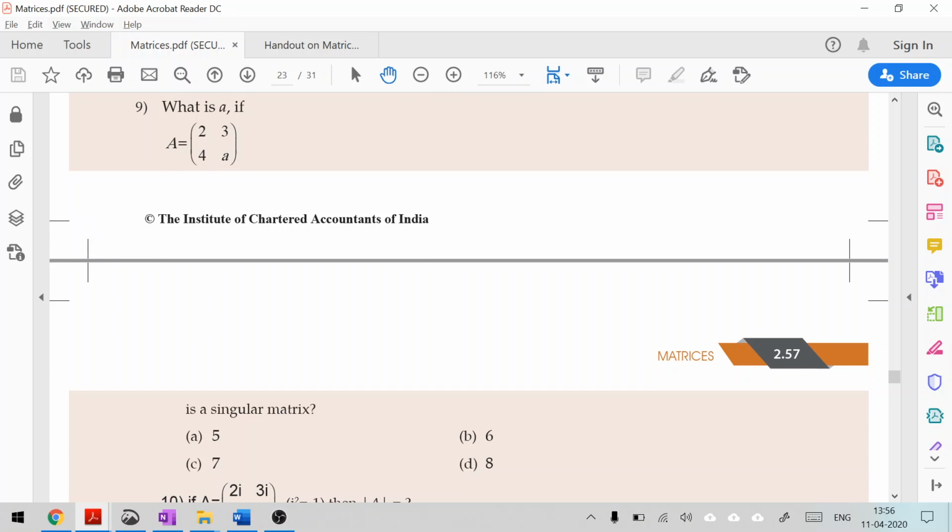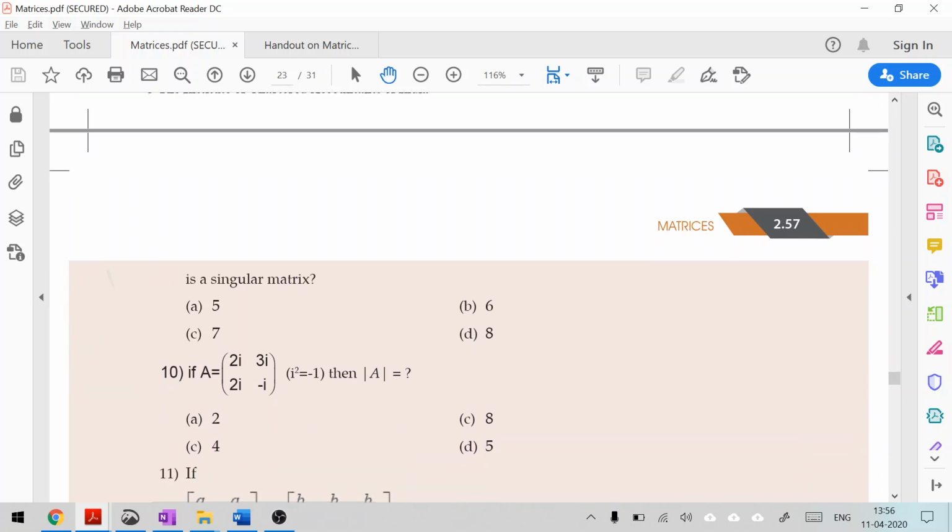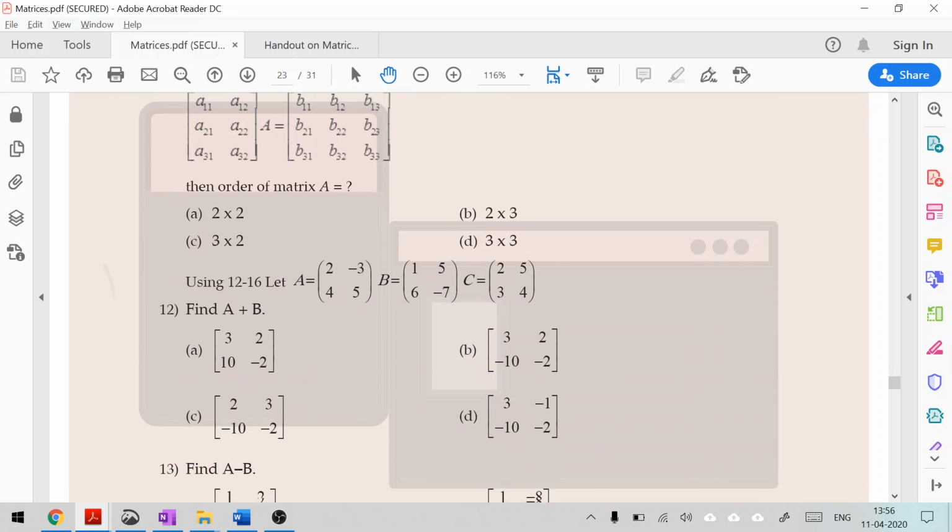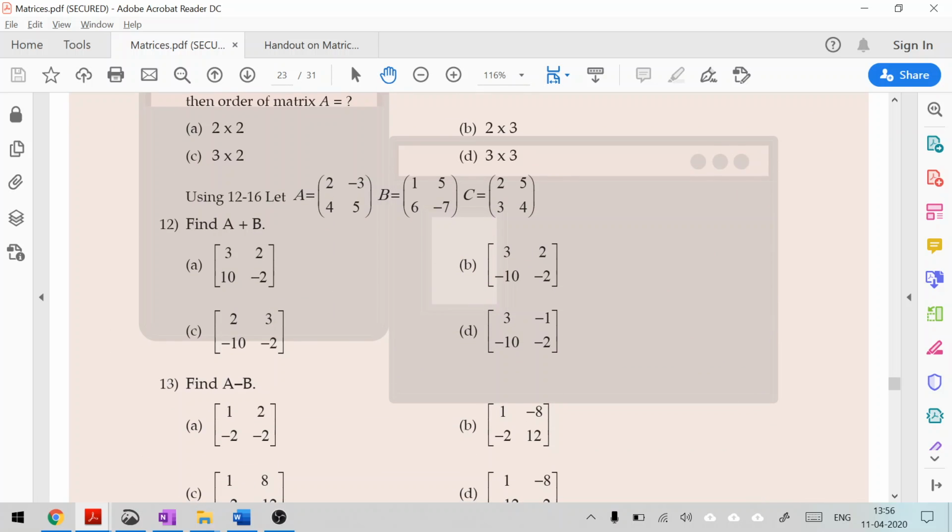Question number 9 we will do later when we do determinants. Okay, I have not yet done determinants for you, so just leave it. Straight you come to question number 12. Okay, so we'll start with 12. Up to question number 11 I will do later in a later video. So now come to 12. We are going to do simple things, addition, subtraction of matrices.